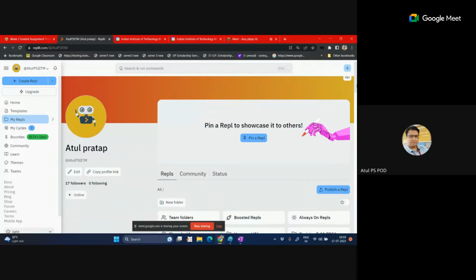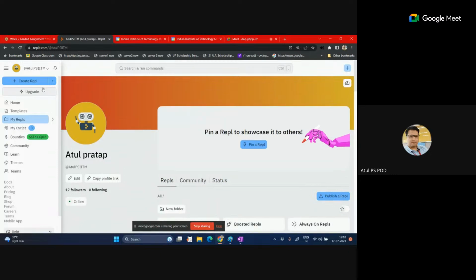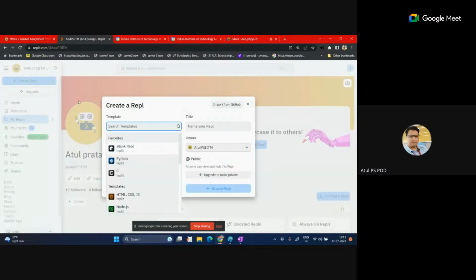After logging into replit.com, you will get this type of interface, and you can simply click on Create Repl from the left corner. On the right corner you can click on the plus sign also. Both sides you can start programming and create an instance of the code file. When you click the Create Repl button, it will ask you to select a language.